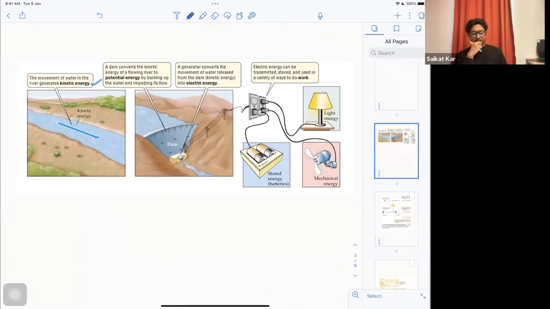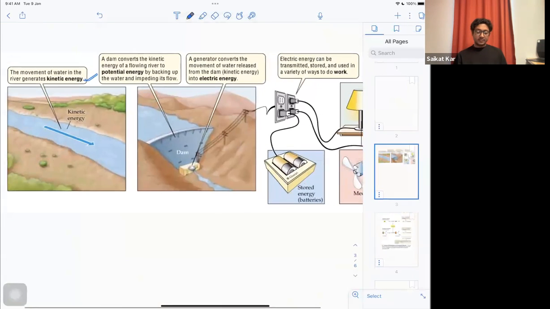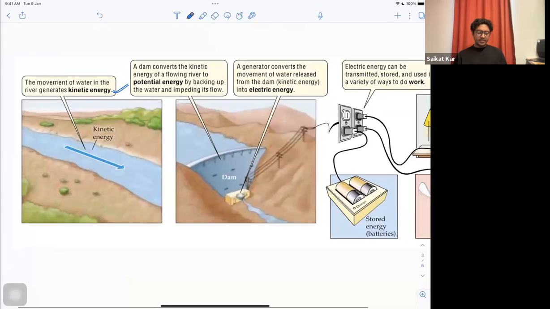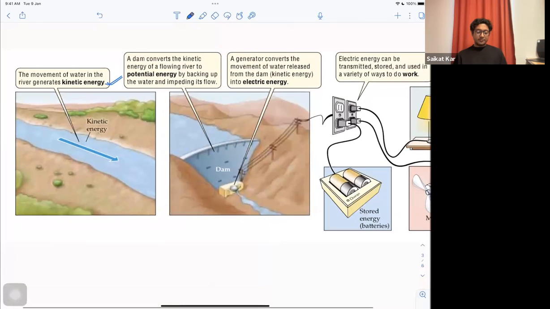The movement of water, obviously, is generating kinetic energy. And then when a dam has been created, it stops the movement. So now the whole of the kinetic energy, which is due to the flow of water, is converting into potential energy.